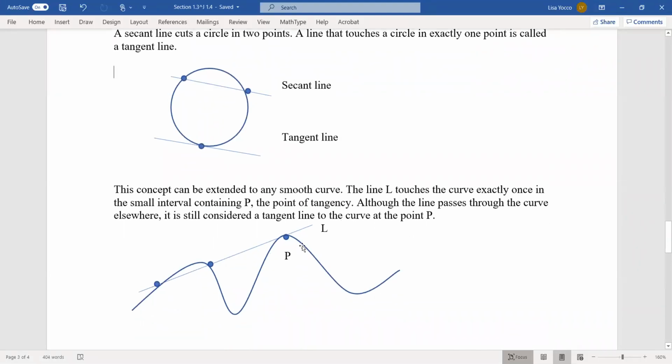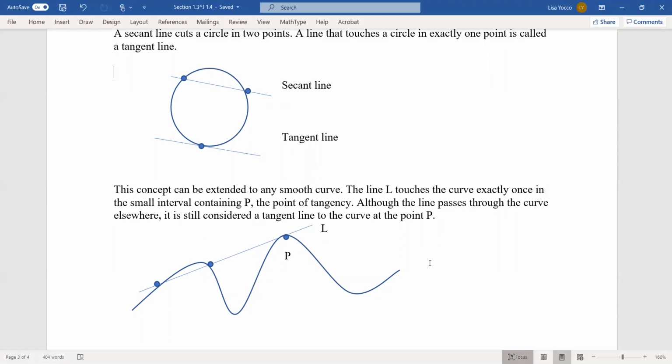Below that is the curve of some function, and look at line L. We're going to say that line L is tangent to that curve at point P, even though the line crosses that curve in other places.